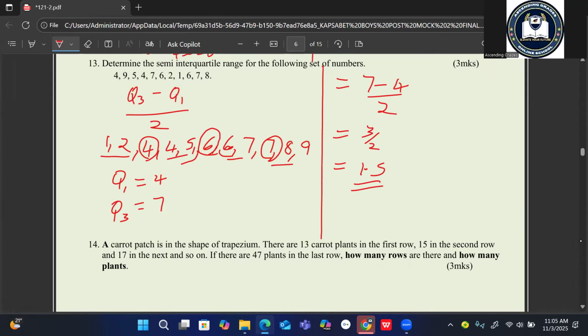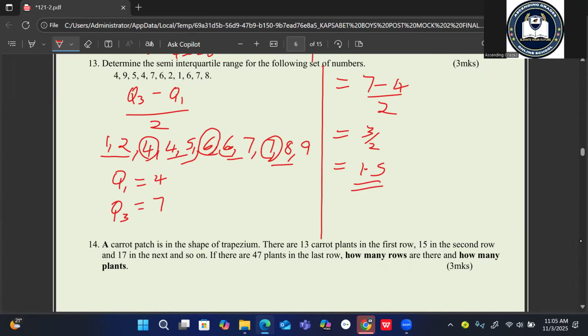So from there, we go to the next number, and that is number 14. We are told that a carrot patch is in the shape of a trapezium. There are 13 carrot plants in the first row, 15 in the second row, and 17 in the next, and so on. If there are 47 plants in the last row, how many rows are there?